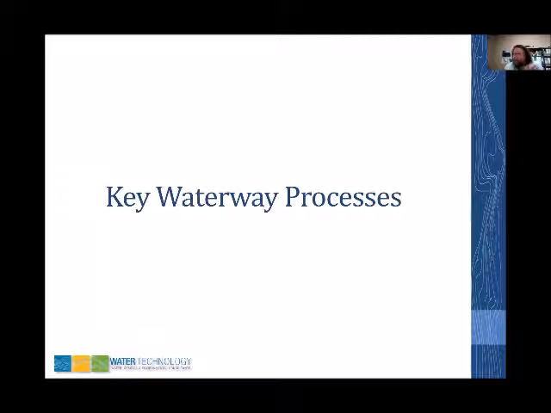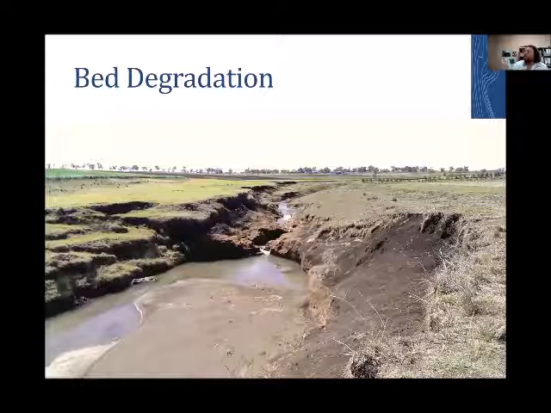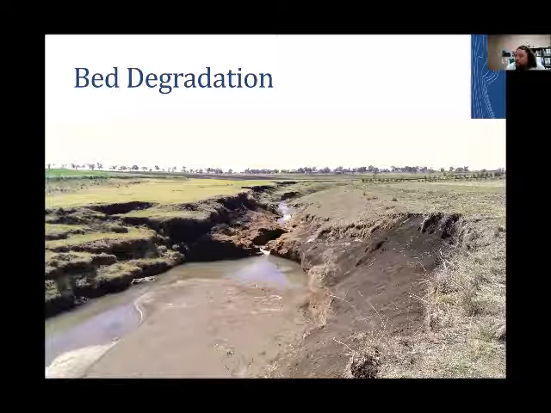And one of the features that we see with channelization is a process called bed degradation or bed erosion. You can see that in this image, most clearly represented through a little earthen waterfall feature. And that's what we call a head cut.